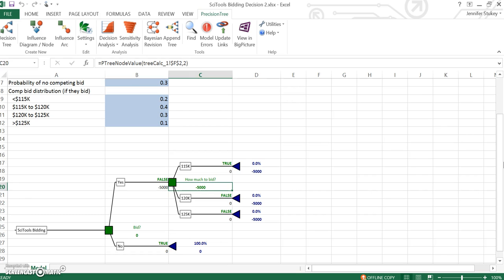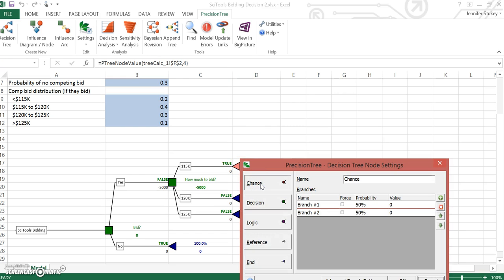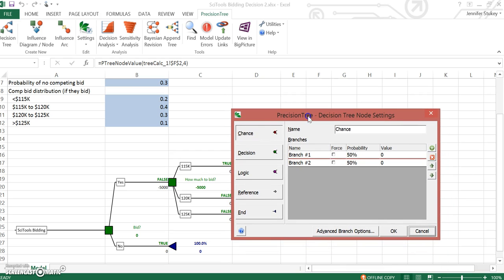Now, the next thing that we are going to put in is a chance, and that is, is there a competing bid? If there's no competing bid, then we automatically win the decision. So we're going to put that in next. So go ahead again and click on this end node. All right, and this time it is a chance because we can't determine for sure, and we don't have control over whether or not other competitors bid.